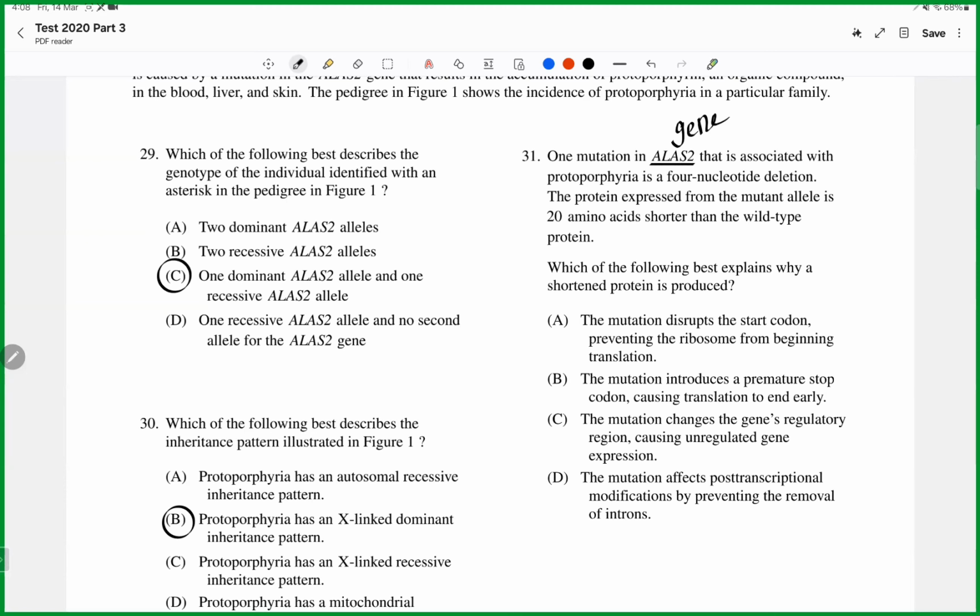Whatever comes after it will be destroyed. How could you get a shortened protein? By getting a stop codon ahead of time. So the answer is B.